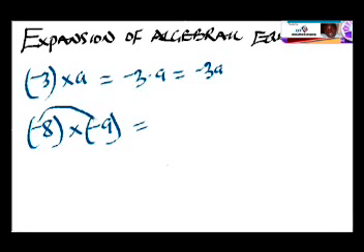Remember what we did about multiplication? It's going to give us plus 8a. That's what we're going to get as our answer. So it is possible to group things, and it is possible to expand them at the same time. So we'll be looking at expansion proper in a long term.